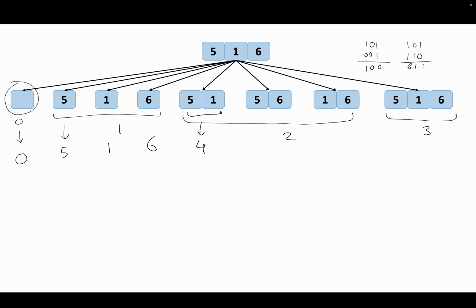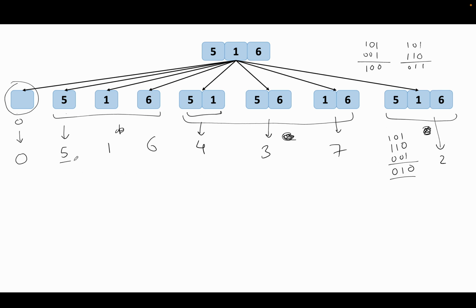So we get 011, which is 3. And then 1 and 6, so we get 7. And then 1, 6 and 5, 101. So here we have two 1s, so 0, 1, 0, which is 2.